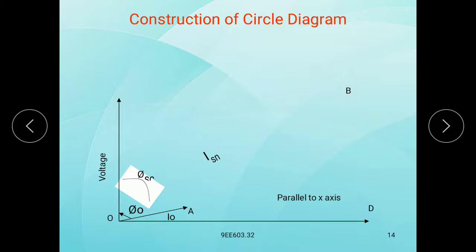Step 4. Obviously the points A and B lie on the circle.